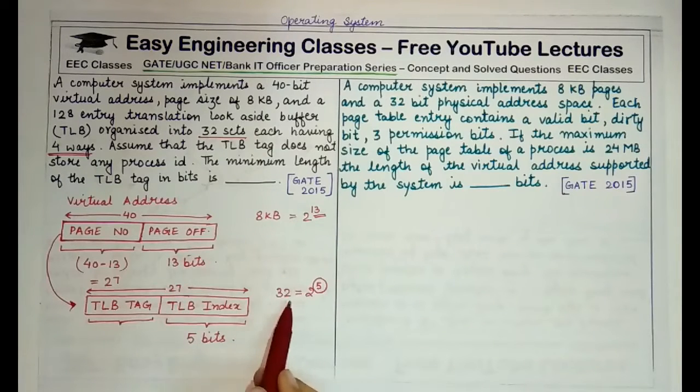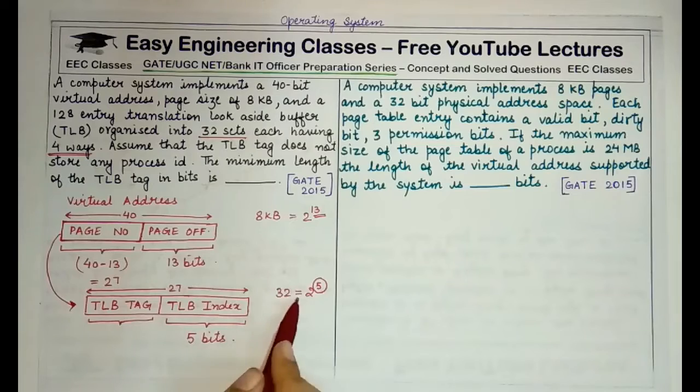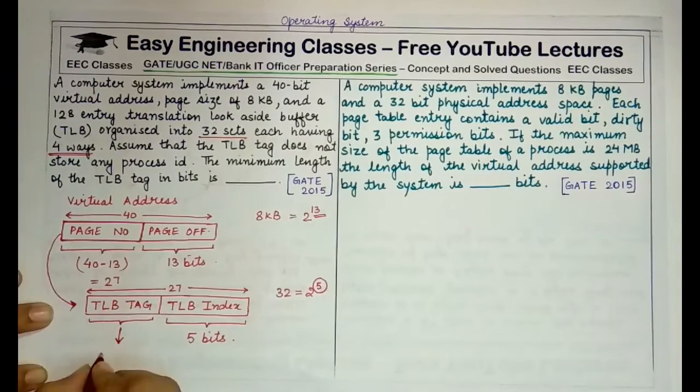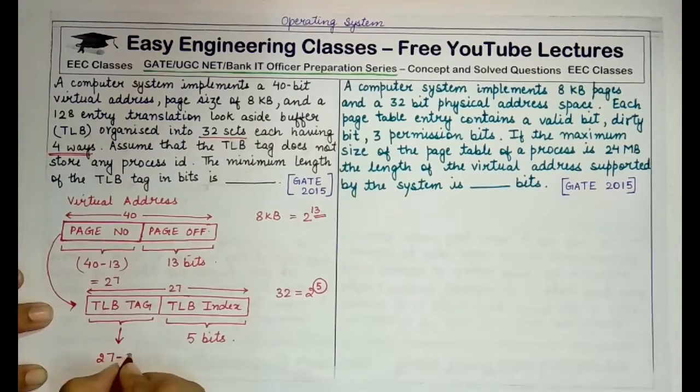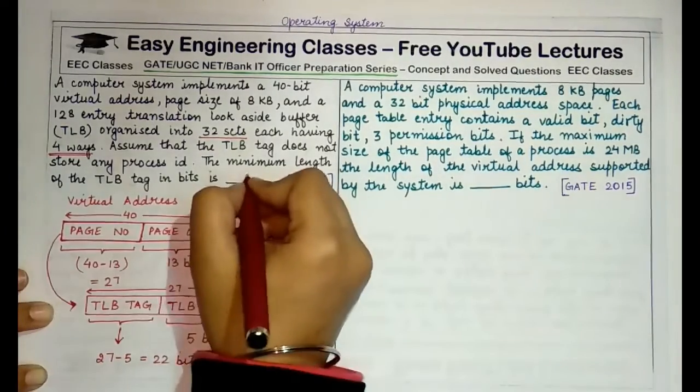Since there are 32 sets, and each set has 4 ways, to represent different sets we only need 5 bits. Therefore the TLB tag field would be 27 minus 5, which is equal to 22 bits. So the answer for this question is 22.